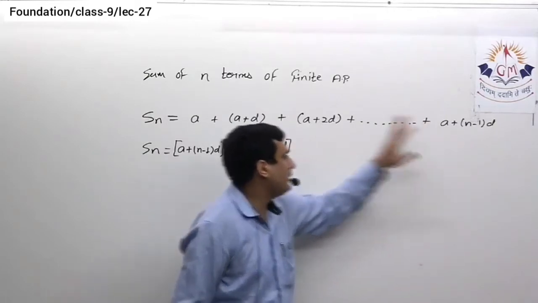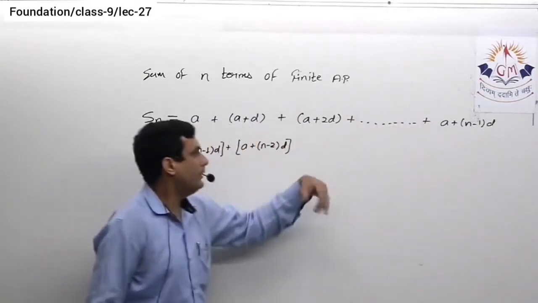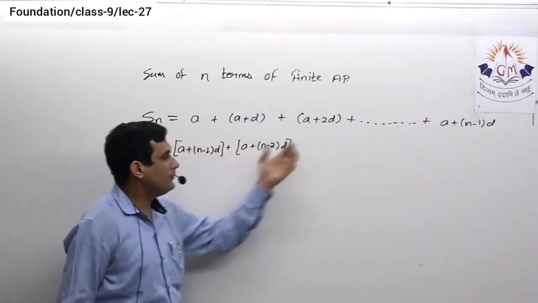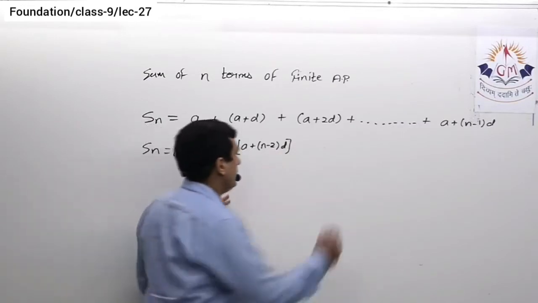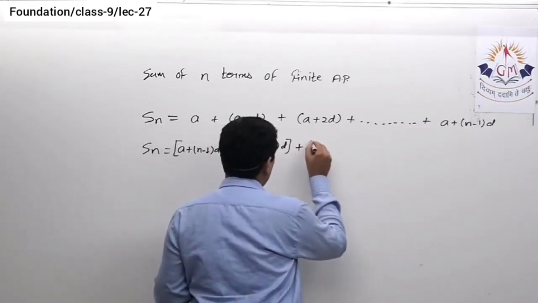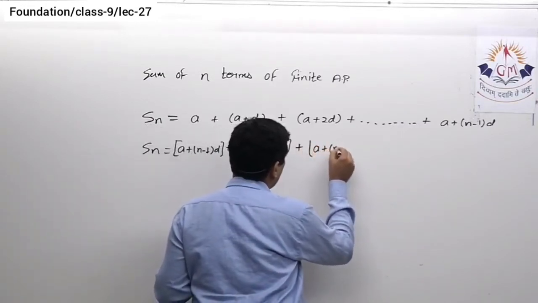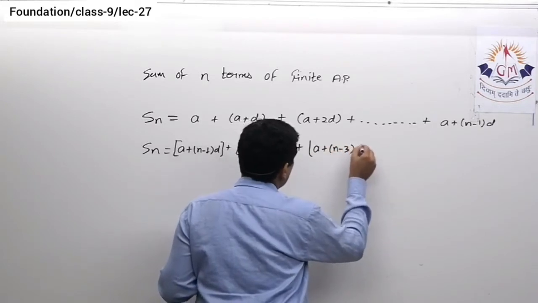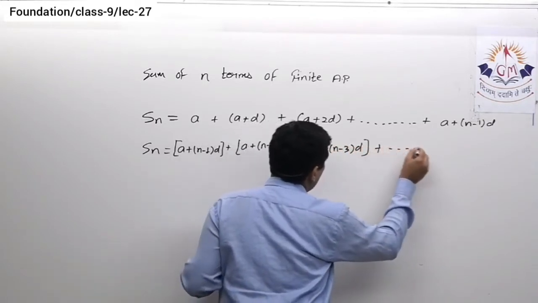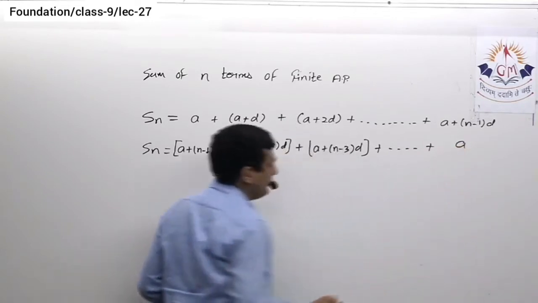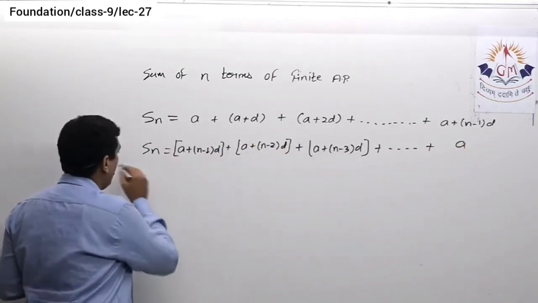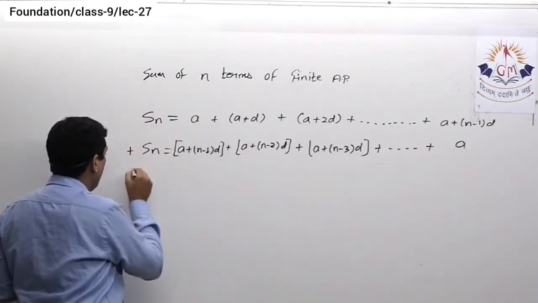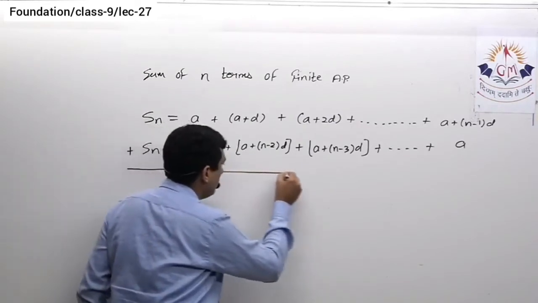I wrote the last term as the first term, second last term as the second term, third last term as the third term, and so on. So here it will become A plus n minus 3D. And finally over here I will write the first term.